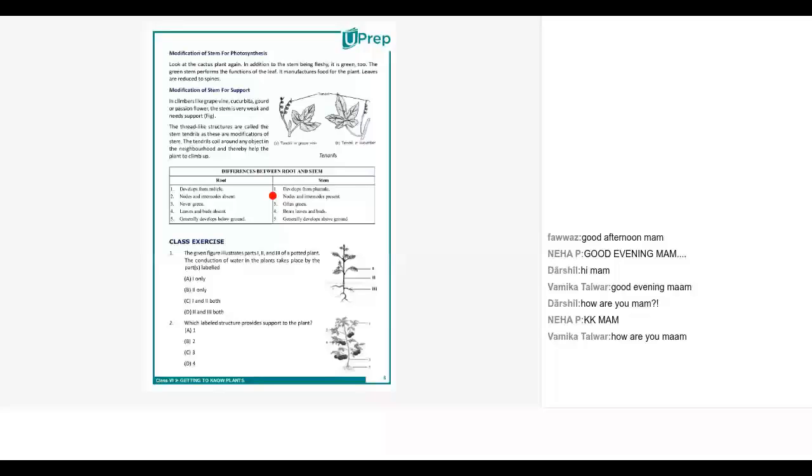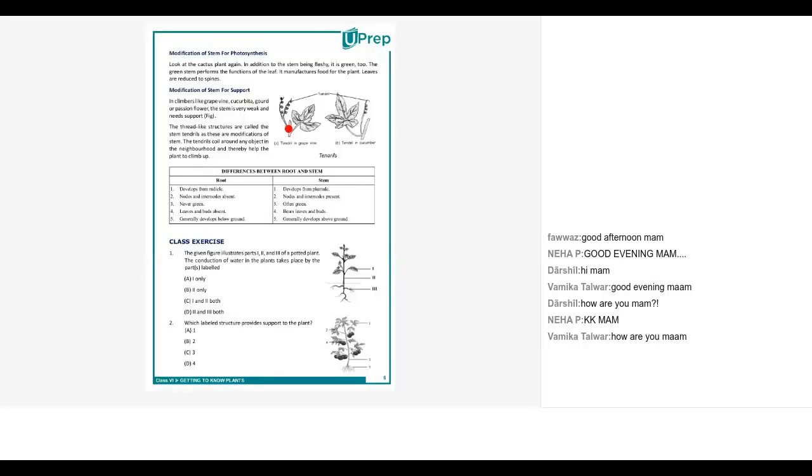I don't understand tendril. Can you please explain it again? See, what is a tendril? You must have seen this in the pumpkin family, cucurbita, gourd family. We are only talking about the stem, and only about the modified stem. In this plant, this is the stem. A normal stem will have leaf, flower, fruit, everything.